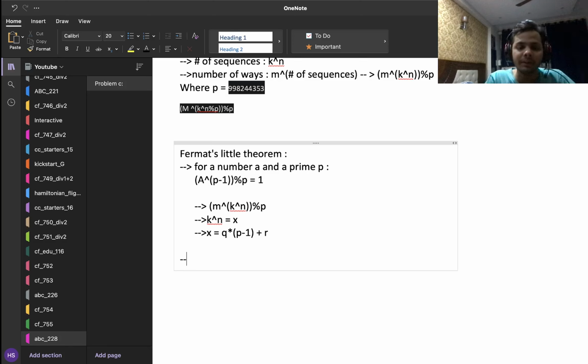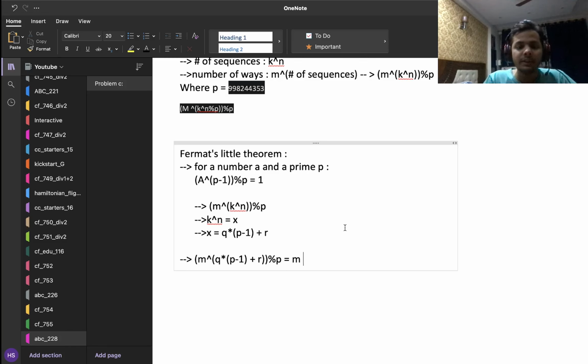What we will be left with is m raised to the power q times p minus 1 plus r, modulo p. Right.